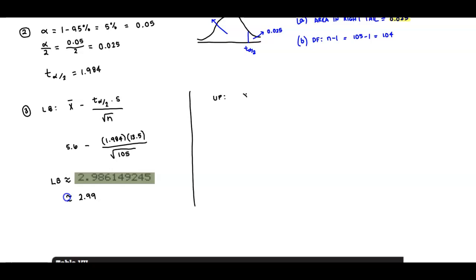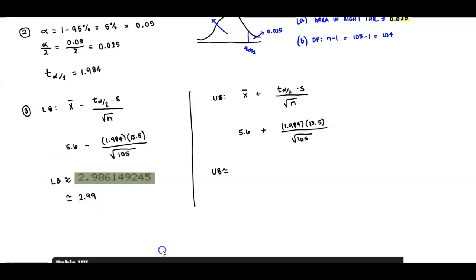The upper bound, again, is taking the sample mean plus the critical value times the sample standard deviation over the square root of the sample size. So we have 5.6 plus 1.984 times 13.5 divided by the square root of 105.